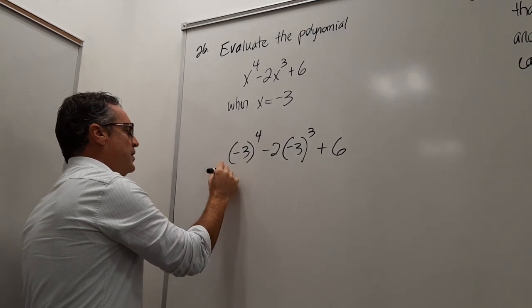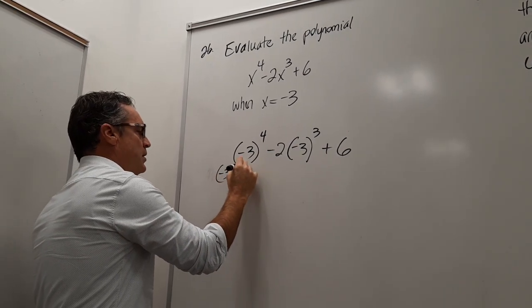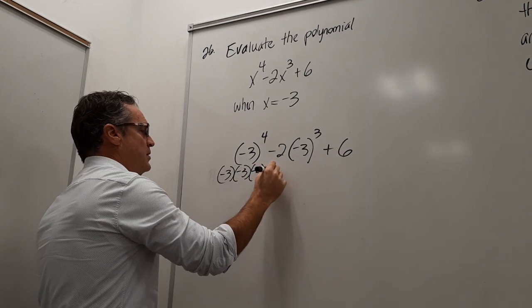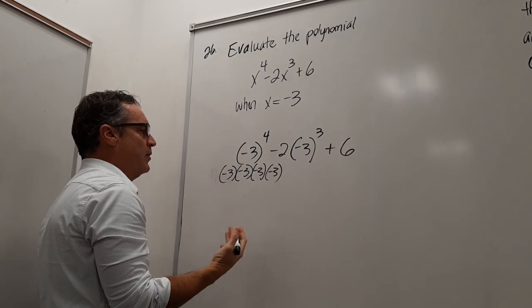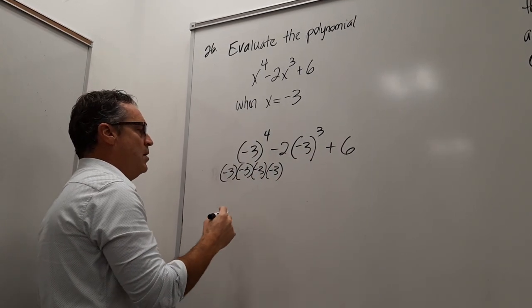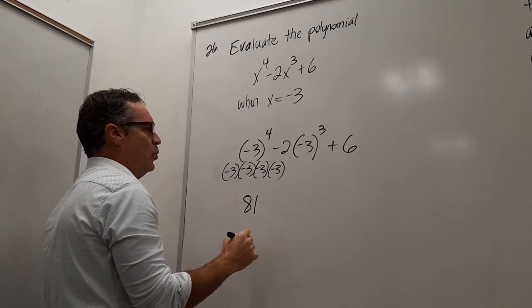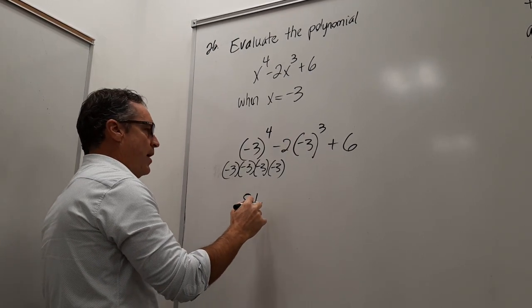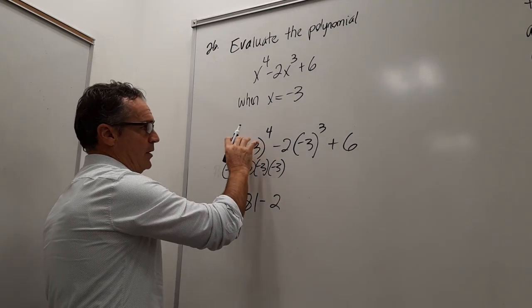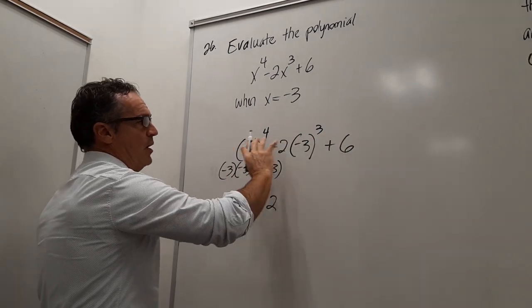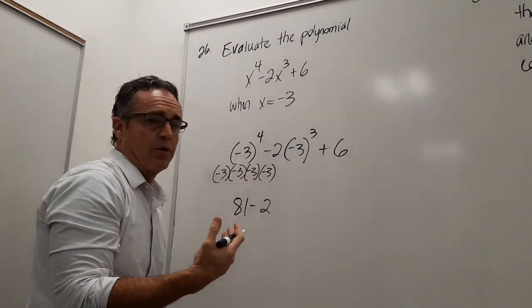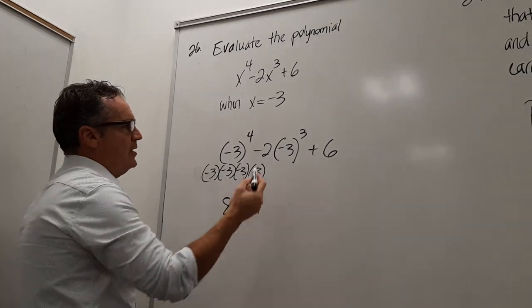Negative 3 to the fourth is negative 3 times negative 3 times negative 3 times negative 3. And we can do that on our calculator. We do not need to do this without, but that is positive 81. And then we'll have minus 2. And again, in this kind of scenario with all numbers, we're following one of our old tools, the order of operations. We're going to have negative 3 to the third.